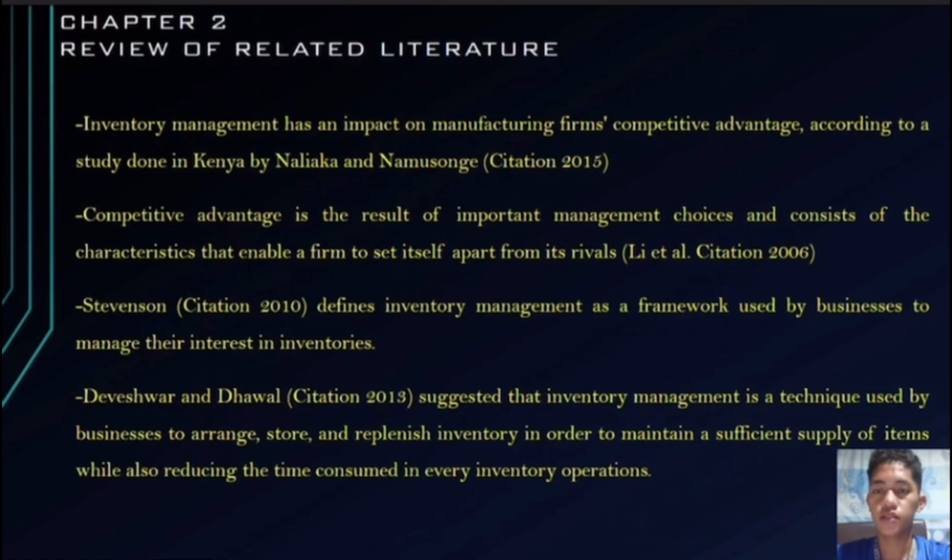Stevenson (2010) defines inventory management as a framework used by businesses to manage their interest in inventories. Dewisha and Dowell (2013) suggested that inventory management is a technique used by businesses to arrange, store, and replenish inventory in order to maintain a sufficient supply of items while also reducing the time consumed in every inventory operation.